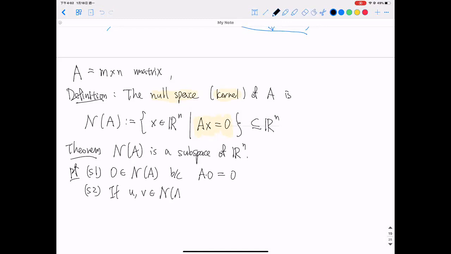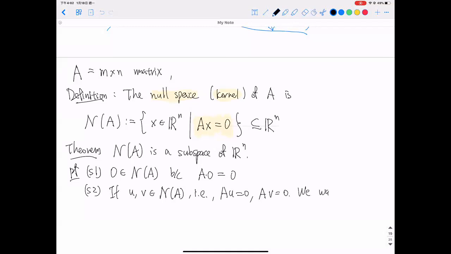Now, for S2, we need to check that if you have u and v both in N(A), then we want u plus v to be in N(A). To begin with, if u and v are both in N(A), that means Au is 0 and Av is also 0.